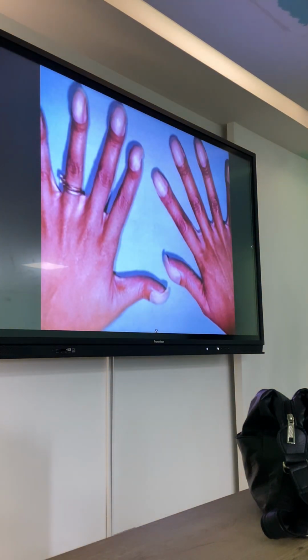Clubbing in tetralogy of Fallot is more common because hypoxia in the long term led to changing the appearance of the finger. If you go to pediatric wards, in heart disease especially, pay attention to these signs.